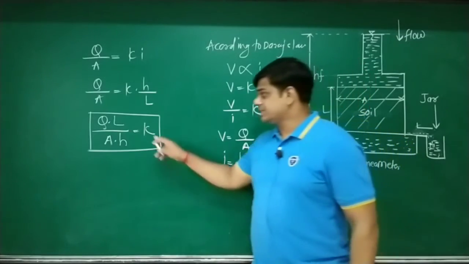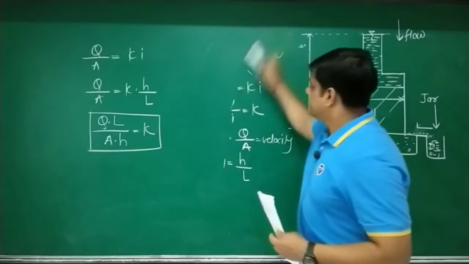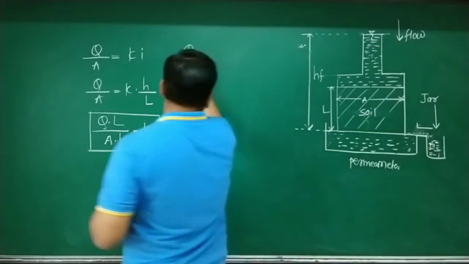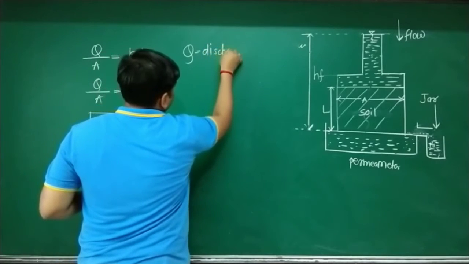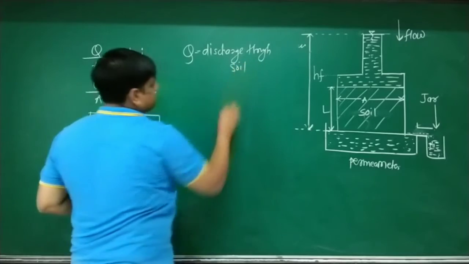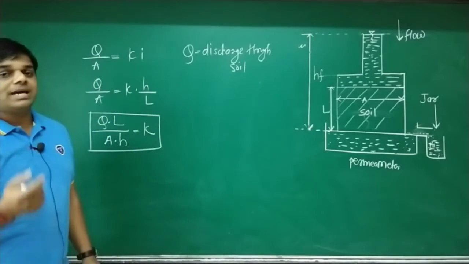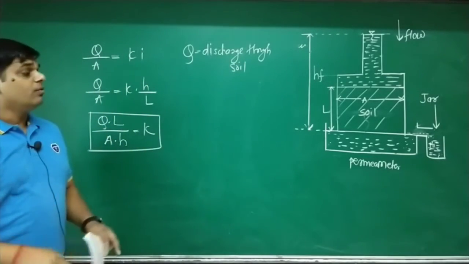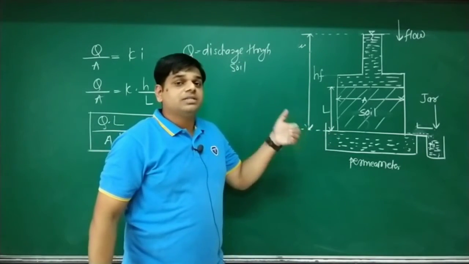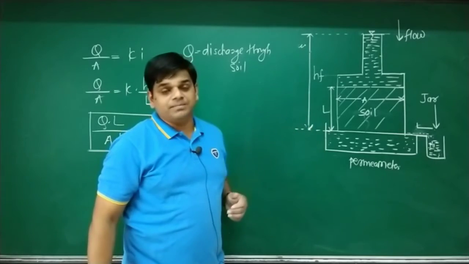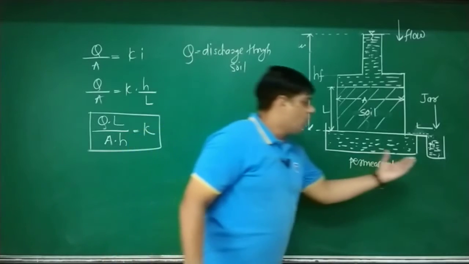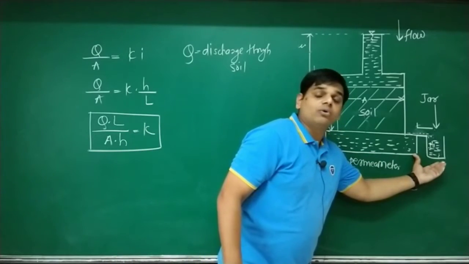Okay. Now in this expression, let me explain the meaning of each term. Q represents discharge through soil. Now tell me how to get this discharge. For that, the concept I explained: take a stopwatch and start it by setting the standard time, and suppose the time set is 2 minutes, and hold the measuring jar to collect the outlet water.